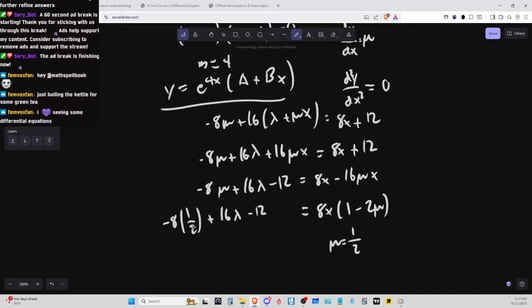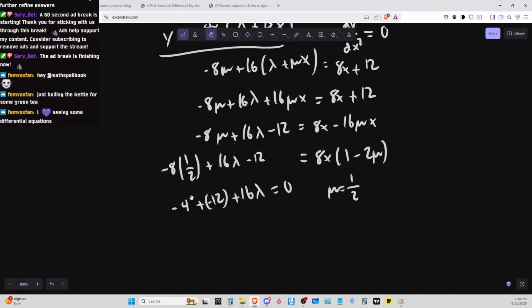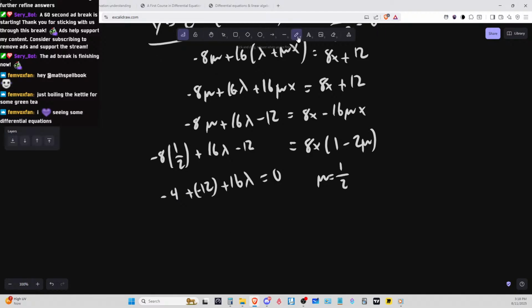So at this point, oh, that would be negative 16. So lambda would be 1.